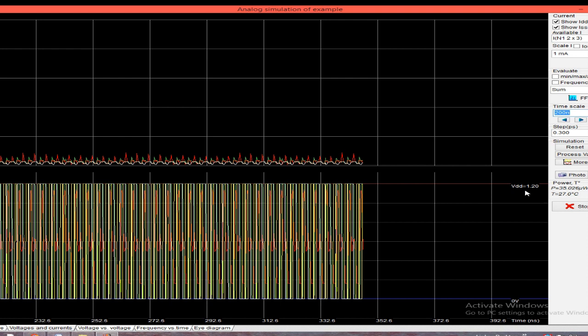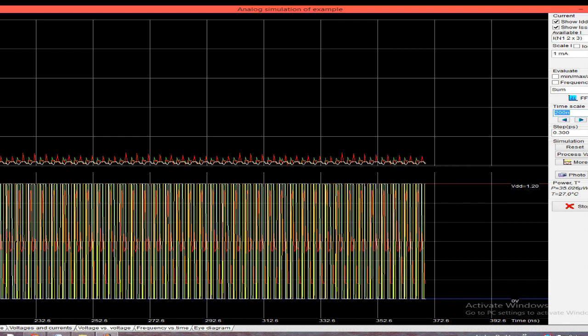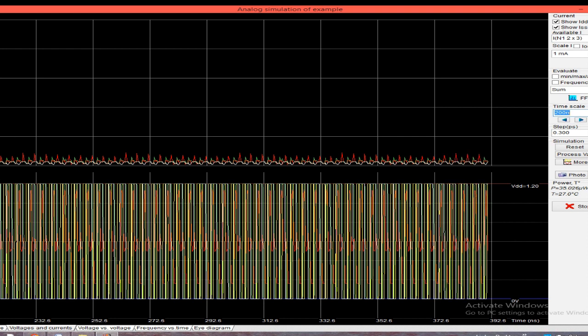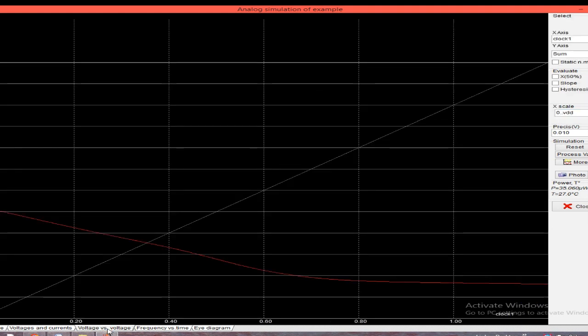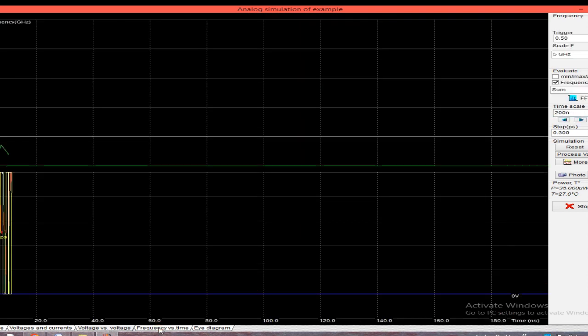This is the VDD supply, which I have given 1.20 V. The y-axis is the current. So this is the plot for voltage to current. We can see voltage versus voltage plot over here likewise.